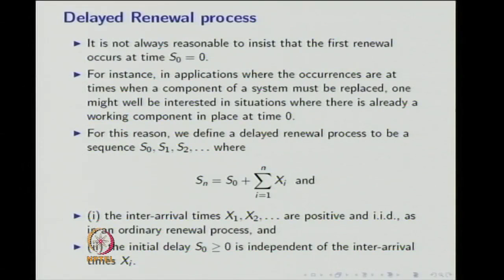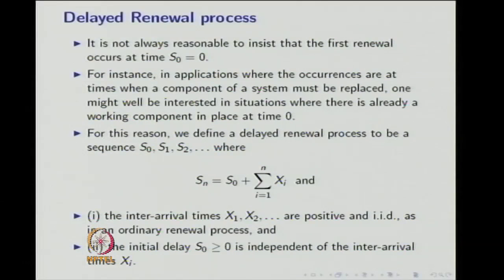For this reason, we define a delayed renewal process to be a sequence S0, S1, S2 and so on, where Sn is nothing but S0 plus the summation of the first n Xi's, and the inter-arrival times Xi's are positive IID random variables as in the ordinary renewal process.